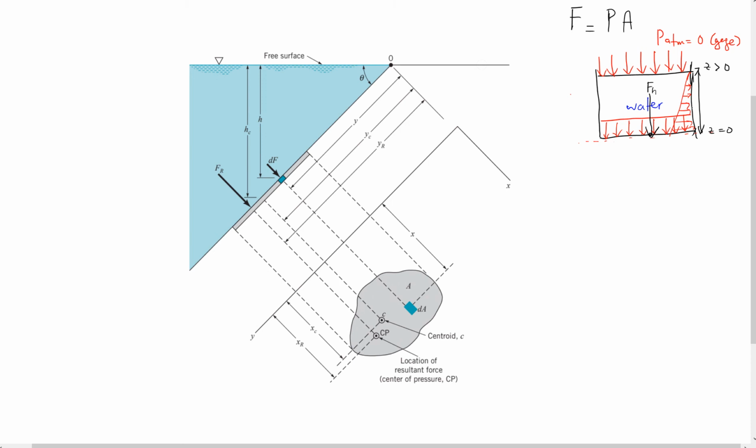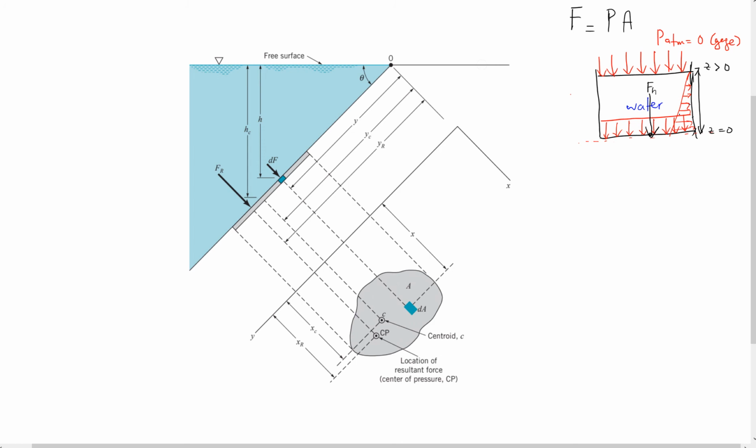It is slightly lower, because the pressure is higher at the bottom, because pressure increases with depth. Let's say this is the centroid. This force can be acting somewhere here.